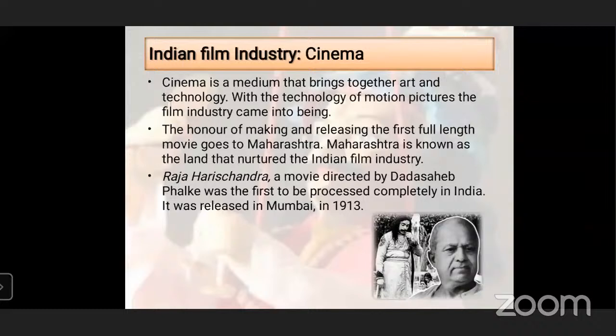Earlier it was in black and white. Earlier there was no audio, and there was no color either. Only two colors you can find in the picture, that is black and white. So people loved Mughal-e-Azam so much that it was made again in color.